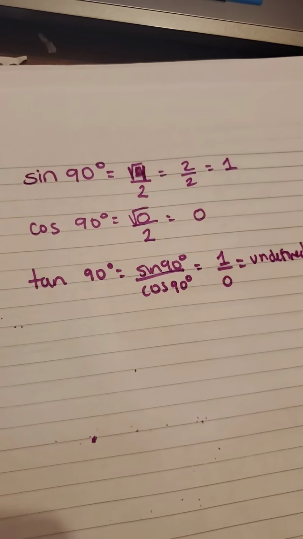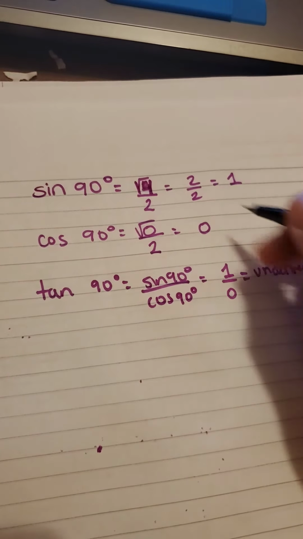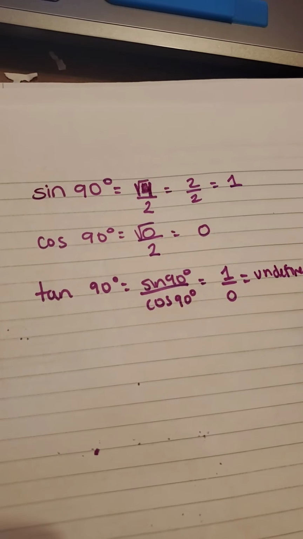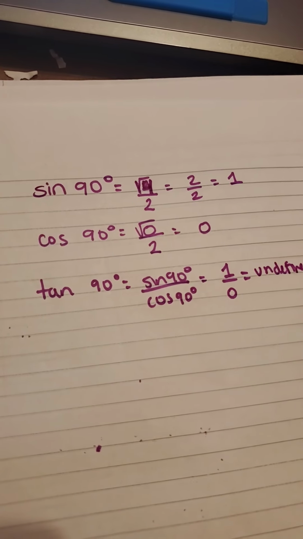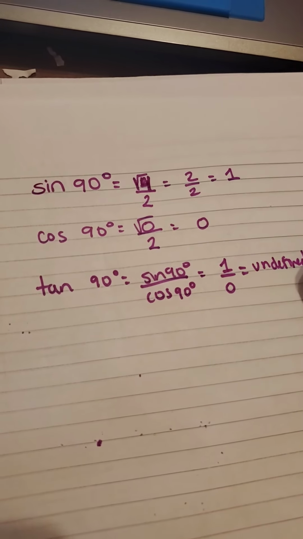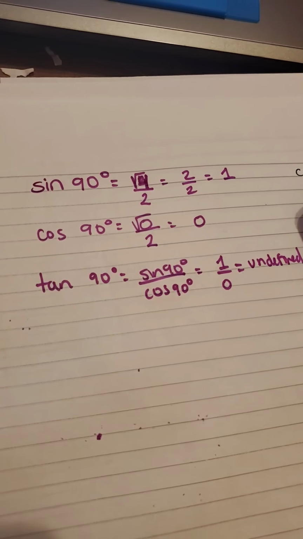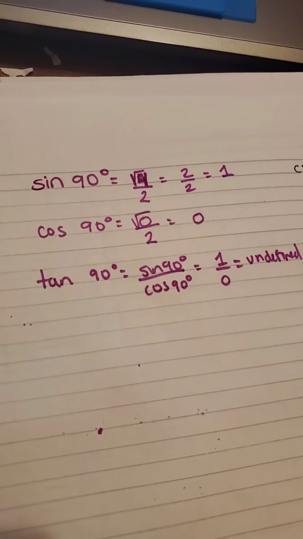Okay, now for the other functions. So sine, cosine, tangent, and then cotangent, secant, and cosecant of 90 degrees, of course.